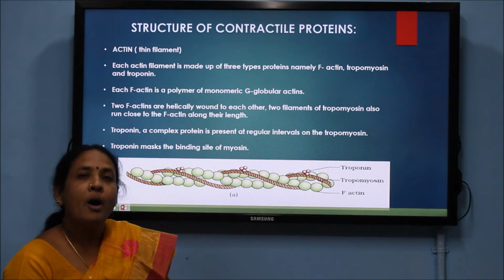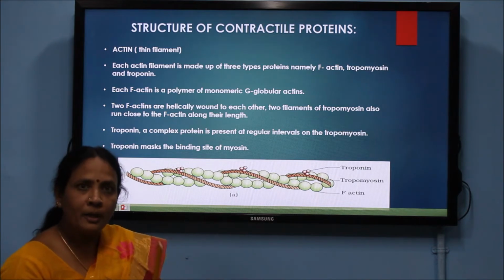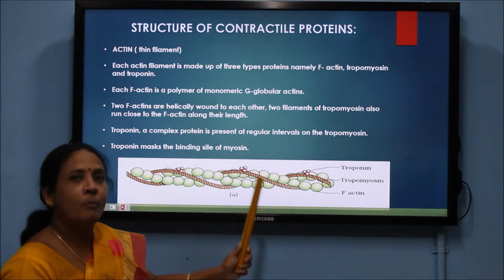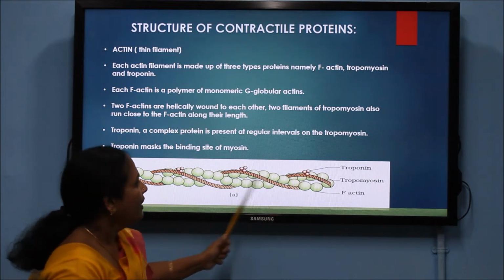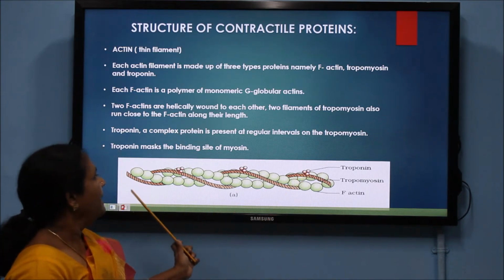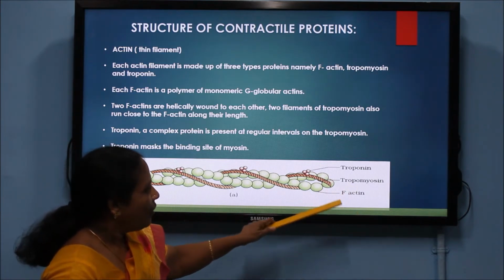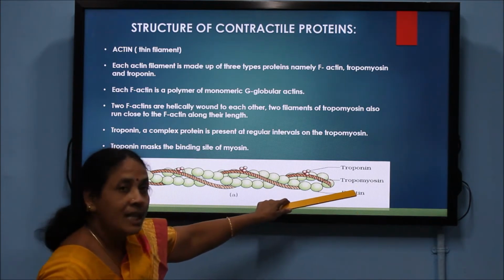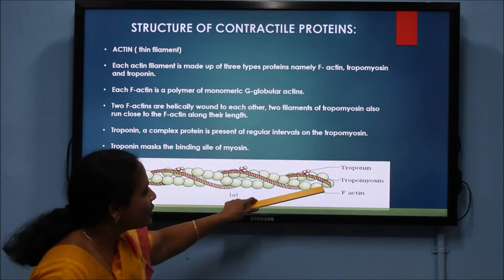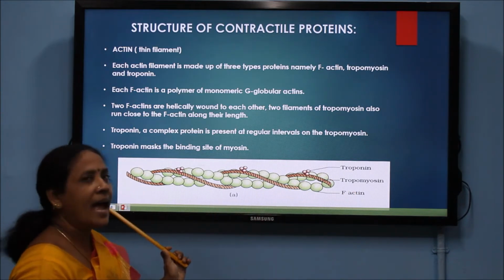F-actin is a polymer of monomeric protein, which twist and helically wind around each other. Along with that, tropomyosin is another type of protein, which also runs along with the F-actin.